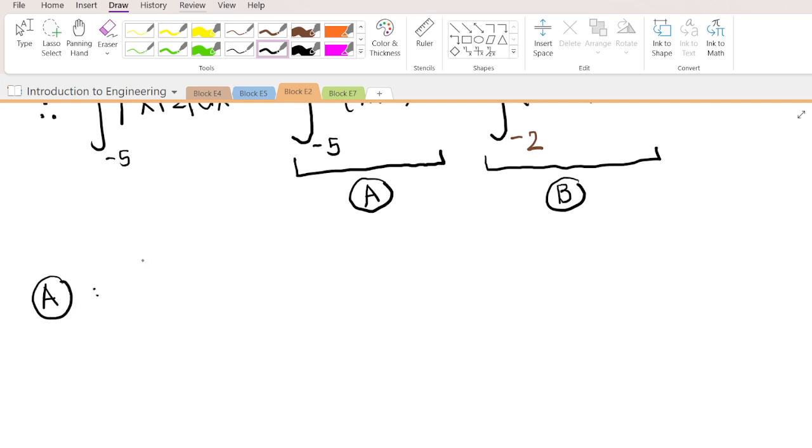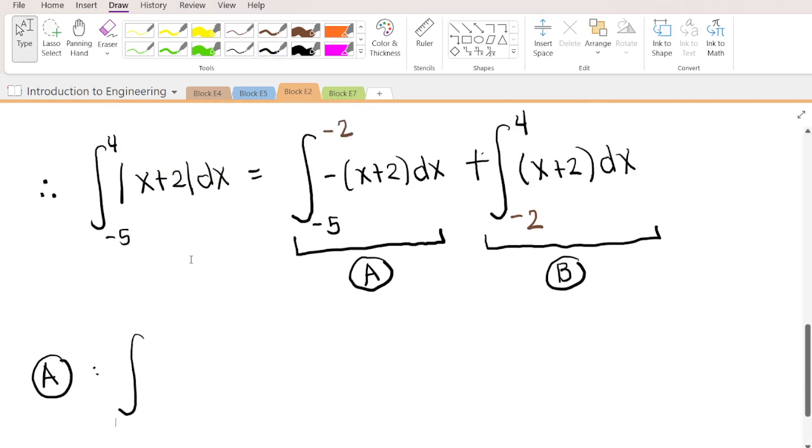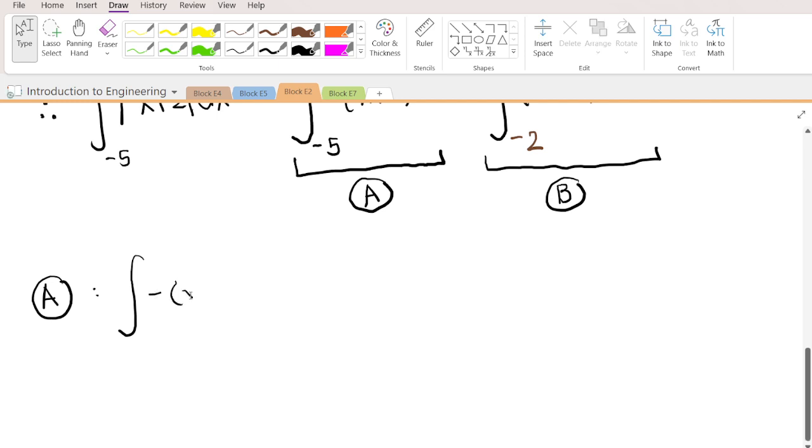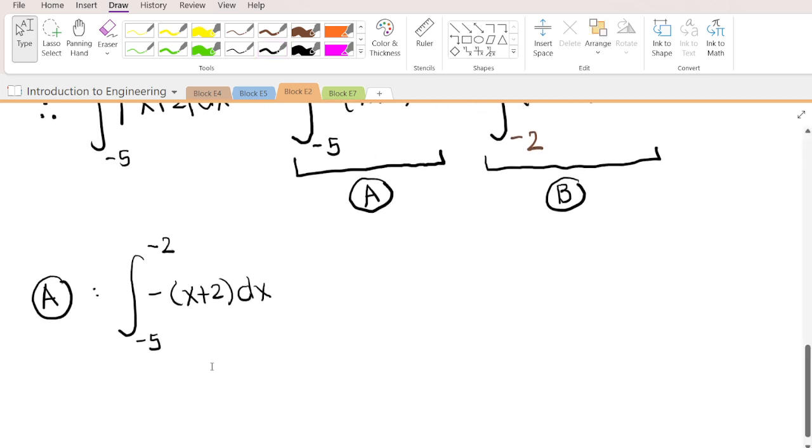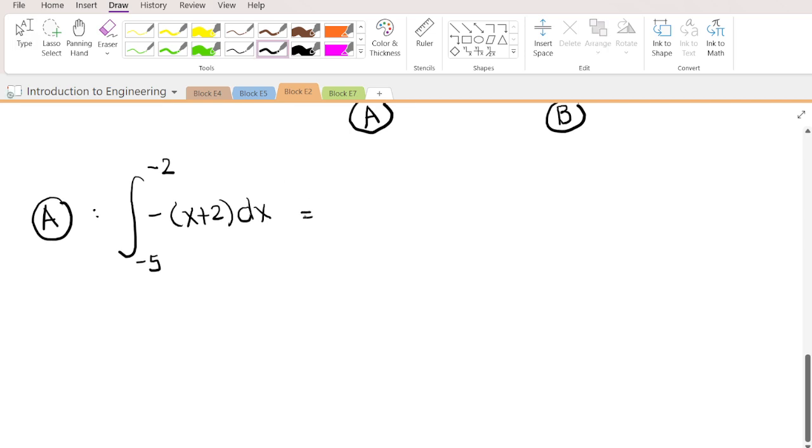So the integral of negative x plus 2 with respect to x from negative 5 to negative 2. So what we're going to do here, class, is of course to distribute the negative signs first. So we have negative x minus 2 with respect to x from negative 5 to negative 2.